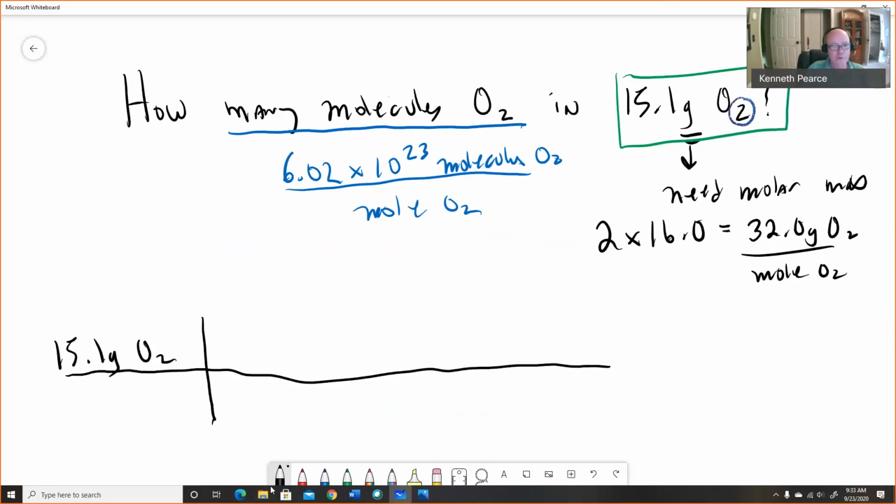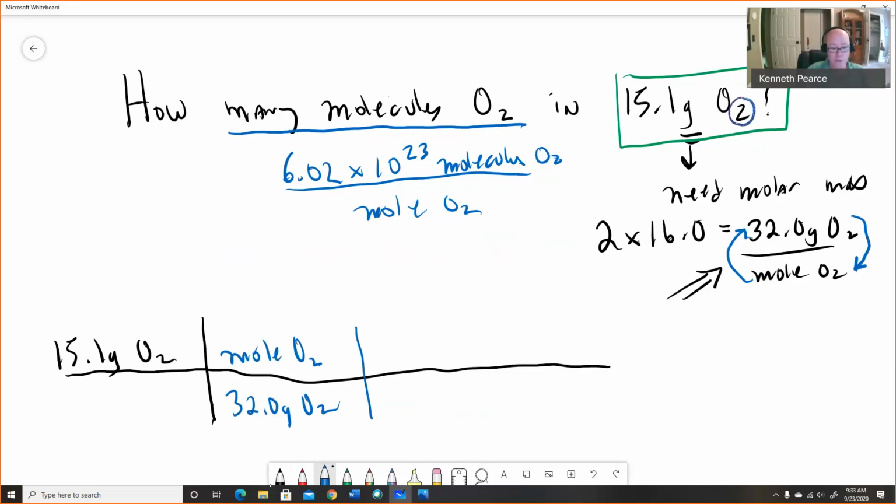And so now I'm just matching. Where do I see grams O2? That would be over here with the molar mass. There's grams O2. So I need to flip that over to get grams O2 on the bottom. And so we say a mole of O2 is 32.0 grams O2. I had to flip over the molar mass to get grams O2 on the bottom.